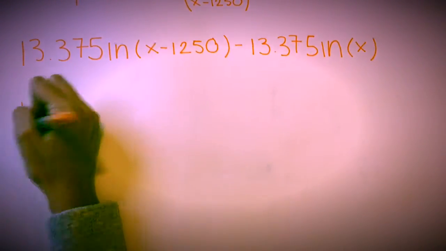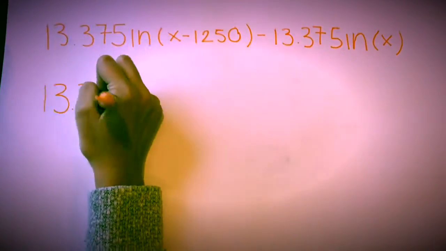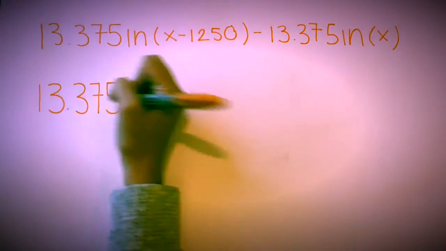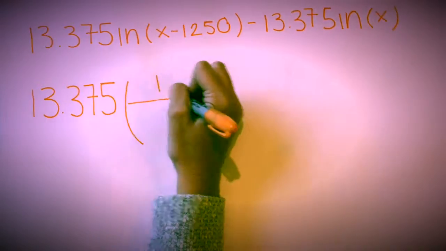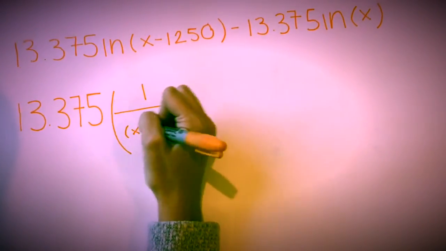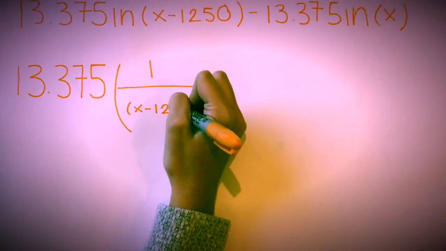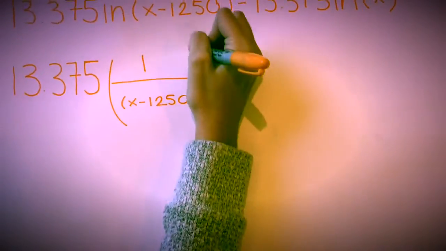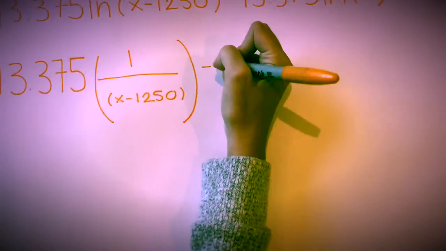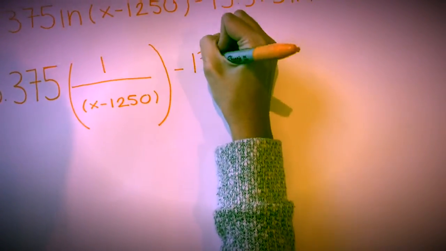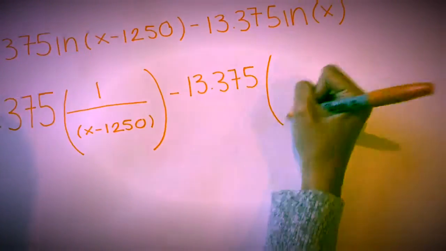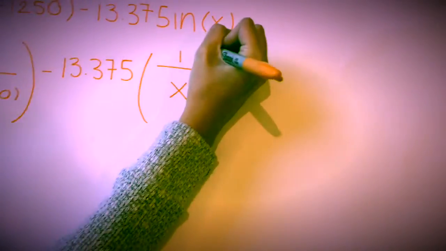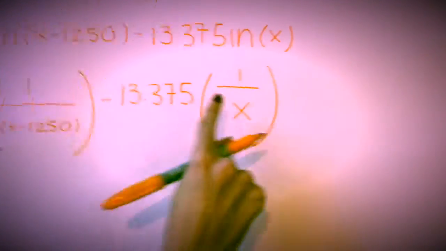So 30.375 times u prime of x minus 1250 is 1 over x minus 1250, minus 30.375 times u prime over u, where the derivative of x is 1 over u, that is x.